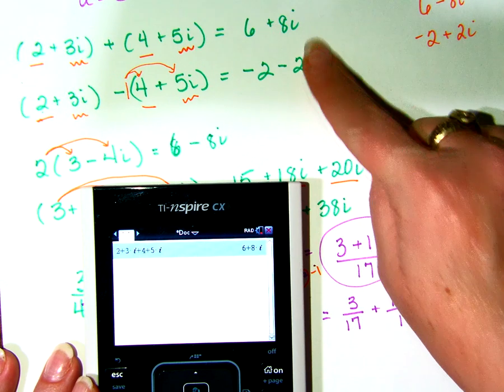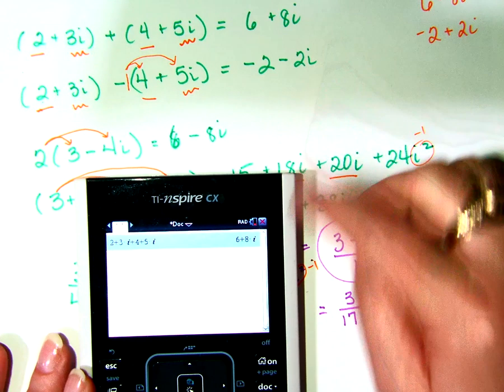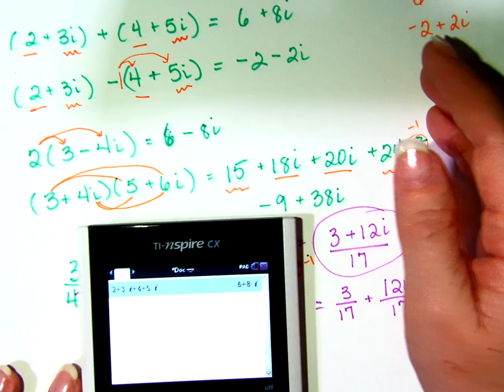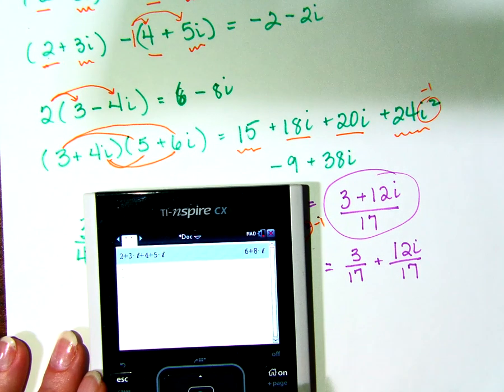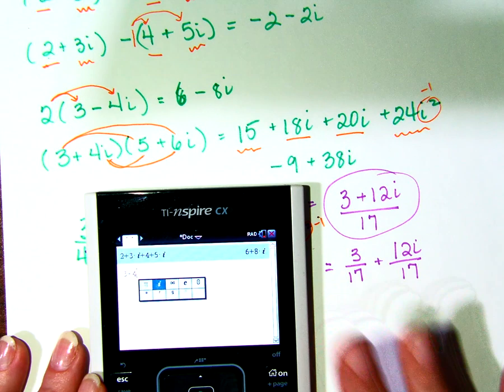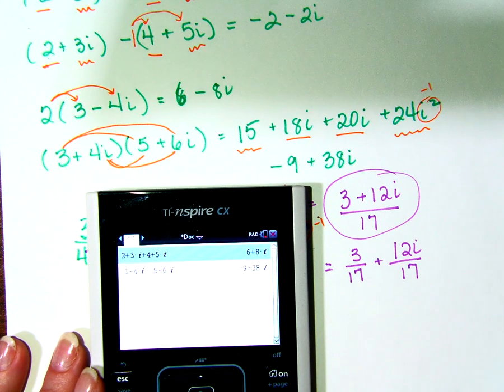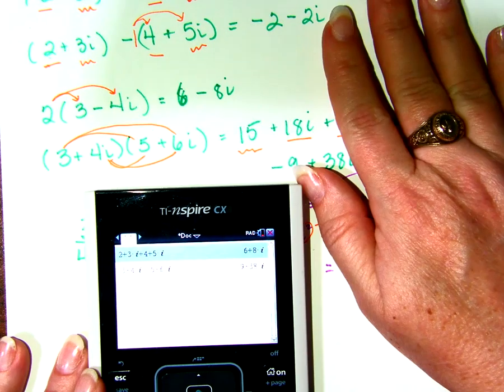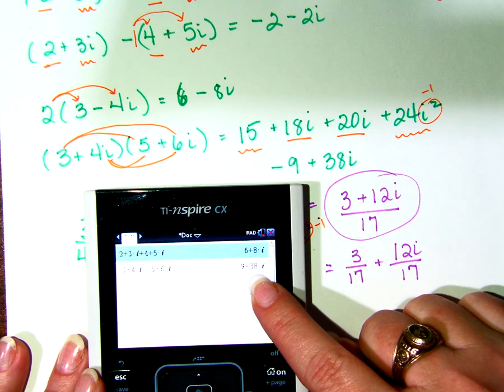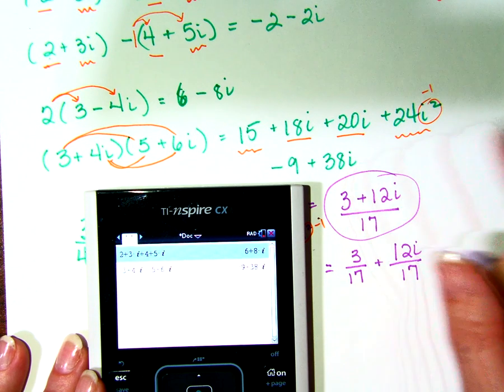Now, while these are pretty easy and you can do them in your head, that's a great way to check. But if we're doing something more like 3 plus 4i, 5 plus 6i. Now, I want you to be able to do this without a calculator, so I show you this way first, but look, it's the same.